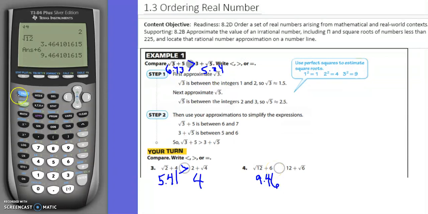Alright, the square root of 6 plus 12 will get me 14 and 45 hundredths. Okay, 14 is larger than 9, so the inequality is going to face towards the right. Alright, let's go to the next one.